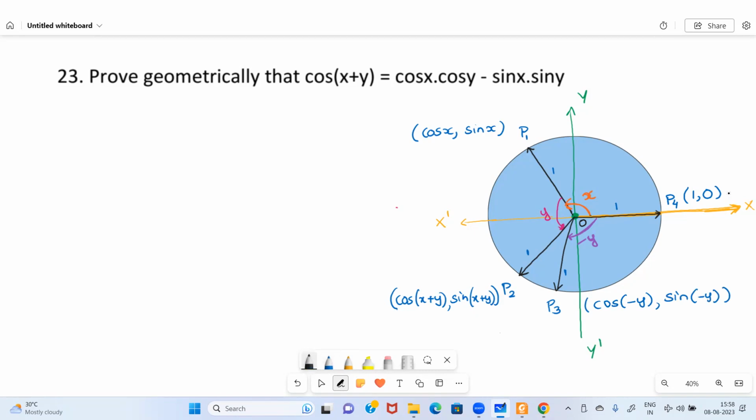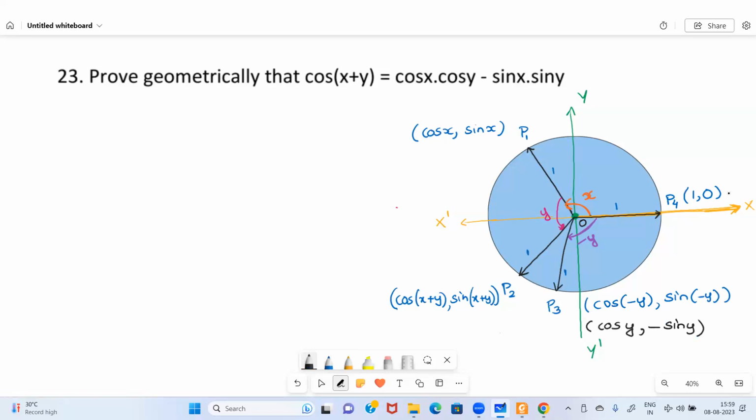Cos function is an even function, so cos of minus theta will be cos theta. So this I can write as cos y itself. And sin function is an odd function, therefore sin of minus y I can write as minus sin y. Understood, students? So we have the 4 points now. Now what we do is we construct 2 triangles.